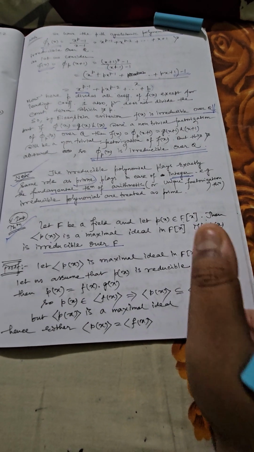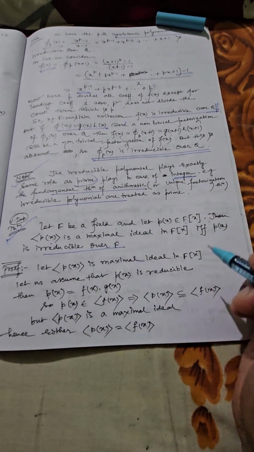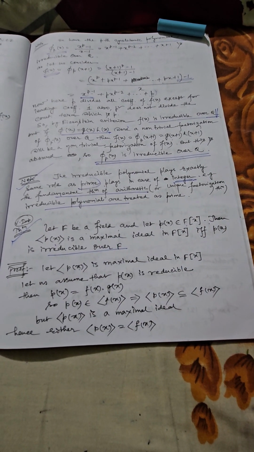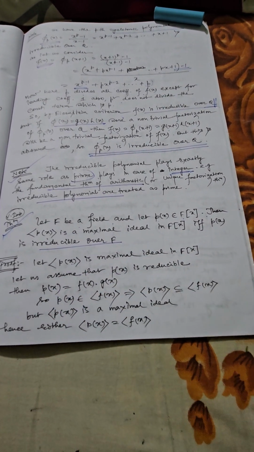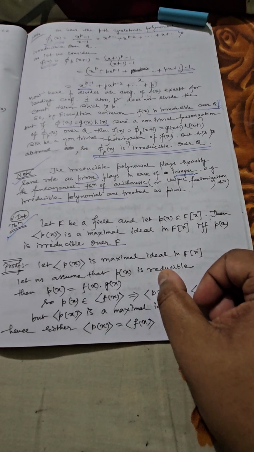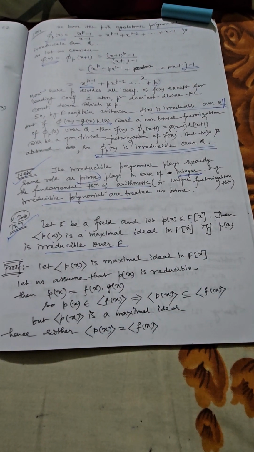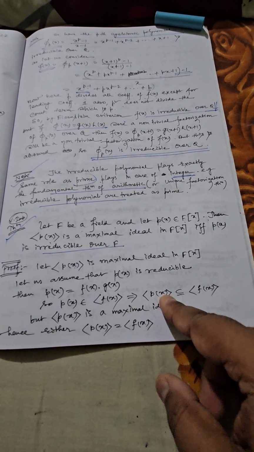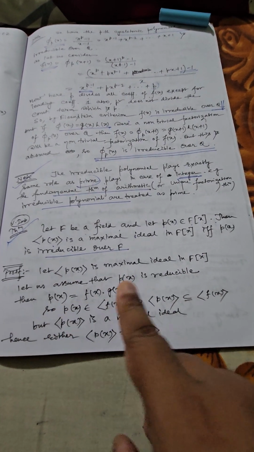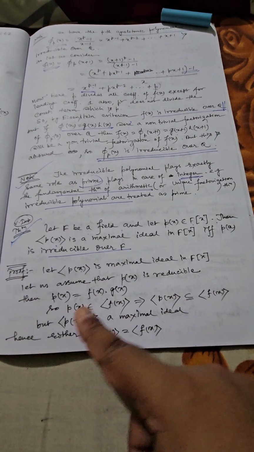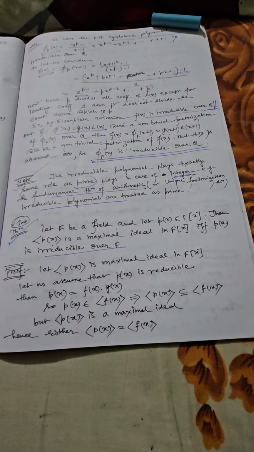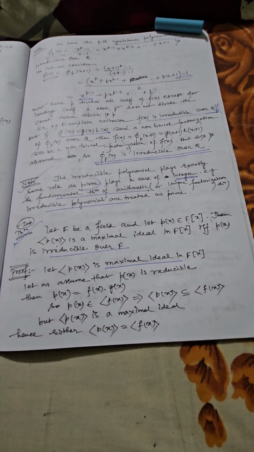So now suppose we consider the ideal generated by p(x) is maximal in F[x]. If possible, p(x) is reducible. Then we can write p(x) equal to f(x)·g(x). p(x) belongs to the ideal generated by f(x), so the ideal generated by p(x) can be considered as a subset of this. But technically, the ideal generated by p(x) is supposed to be maximal as per our assumption.